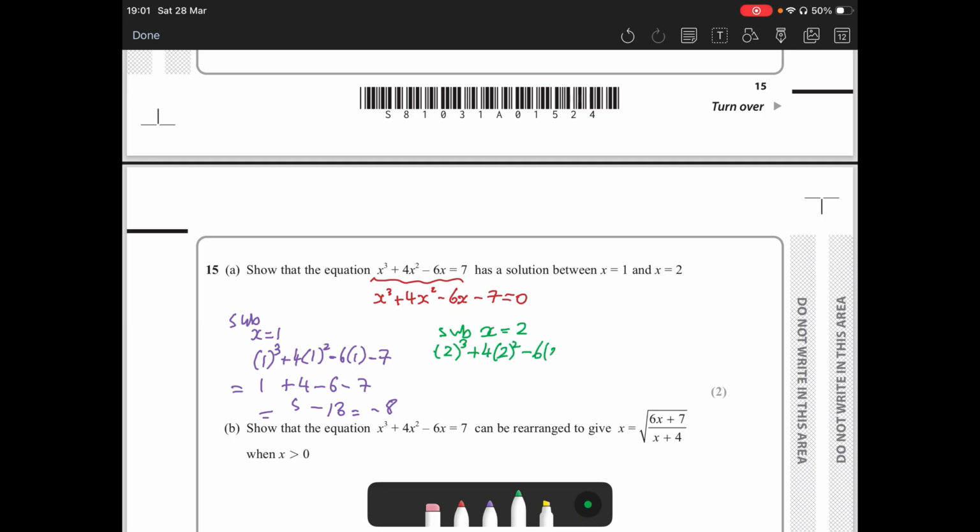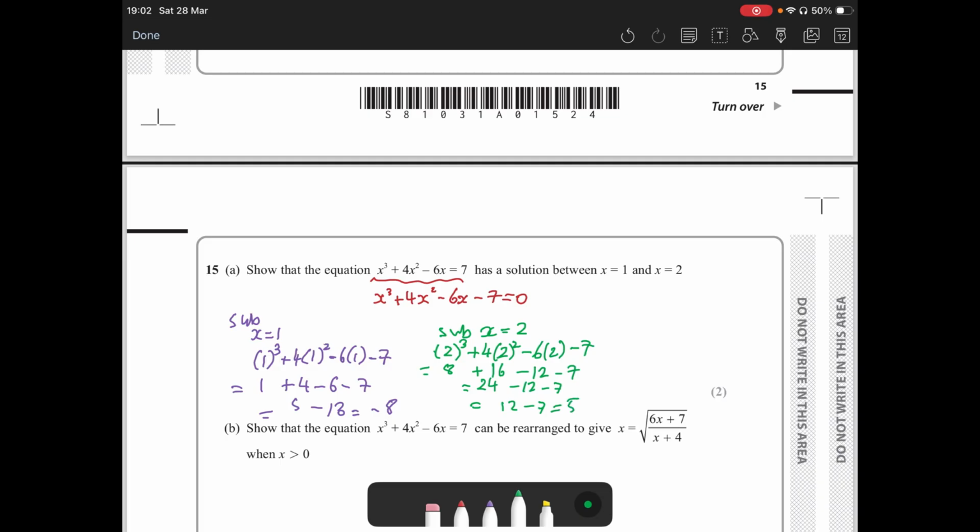This actually comes up on A level, funnily enough. So you've got 8, 16, 12, take away 7. 8 and 16 is 24, take away 12 is 12, 12 take away 7 is 5.